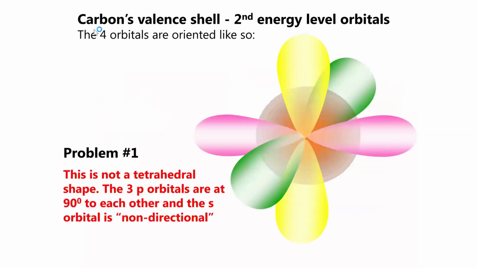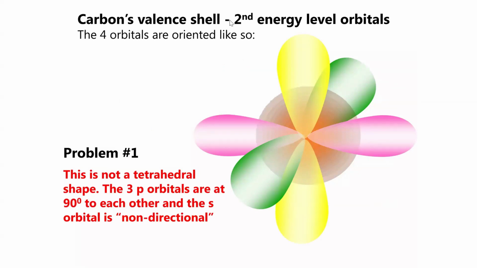So now the next thing that we are going to look at is carbon's valence shell. The second energy level orbitals, that is the four orbitals, are oriented like so. When you have the four orbitals joined together, you will have something like this.